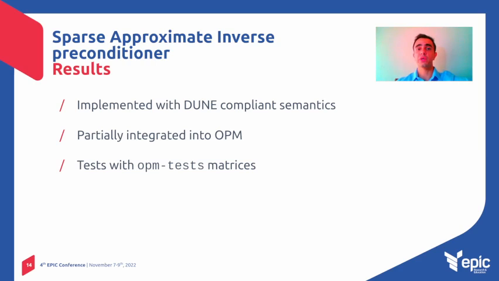There is a merge request going on for this implementation, for it to be integrated into Dune as well. This implementation is already partially integrated into OPM Flow, and there is a draft pull request already going on for this as well. All the tests I did for this work were based on the OPM test repository from OPM Flow. This is where all the open data sets are.